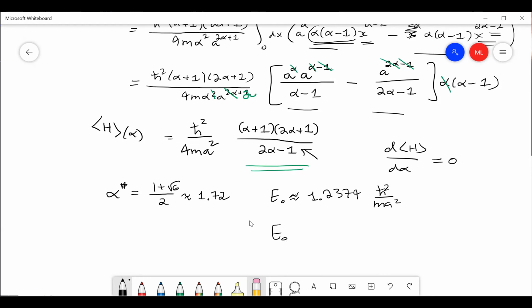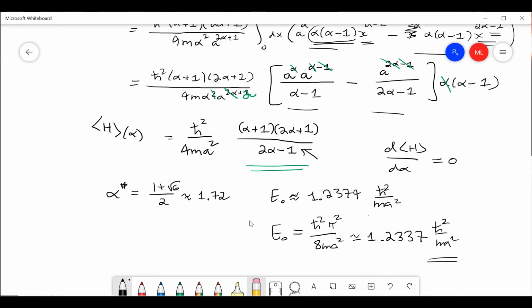And the true ground state energy E0 is exactly h bar squared pi squared over 8 m a squared, which is about 1.2337 h bar squared over m a squared.